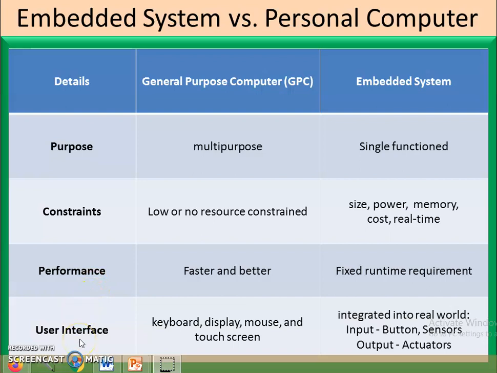User interface: the user interface for an embedded system is not limited to traditional interfaces like keyboard, mouse and touchscreen, which are generally found in a GPC. Mostly the user interface in an embedded system is integrated into the real world. It carries input-output ports such as buttons and sensors for input, and actuators and stepper motors for output.